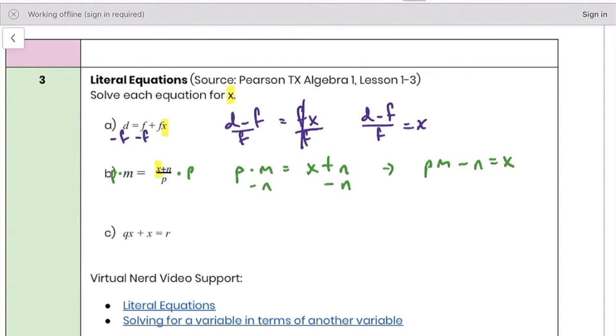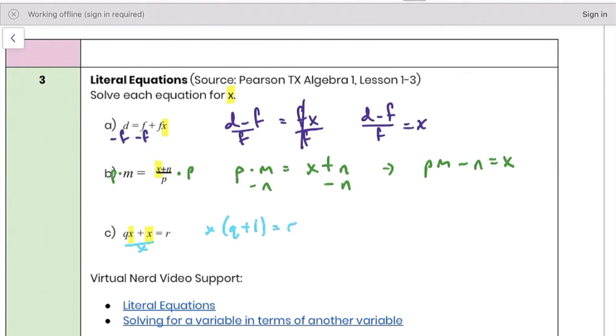Okay, for the last one, this last one's tricky. We have two x's on here. And so let's factor out the x. What I mean by factor out the x is like divide out the x from this side right now. So we would have x times q plus 1 is equal to r.